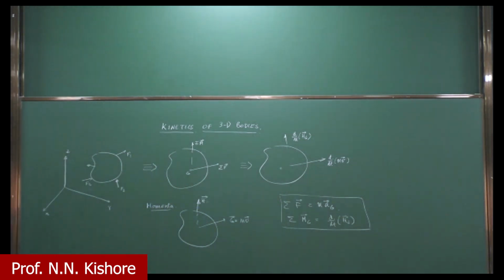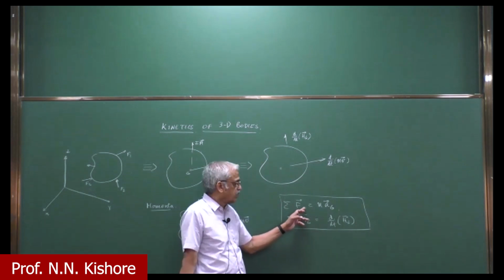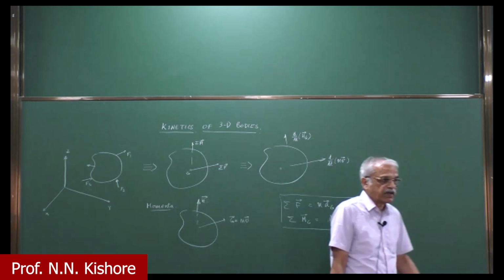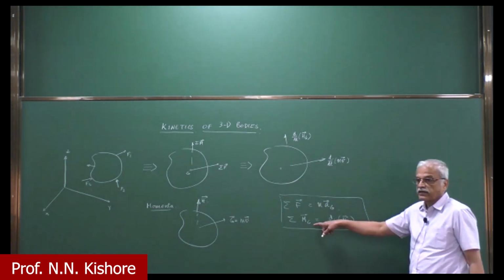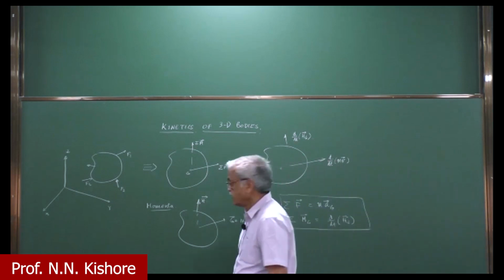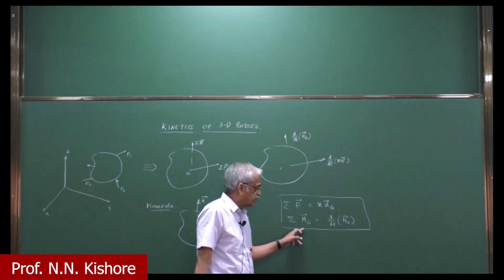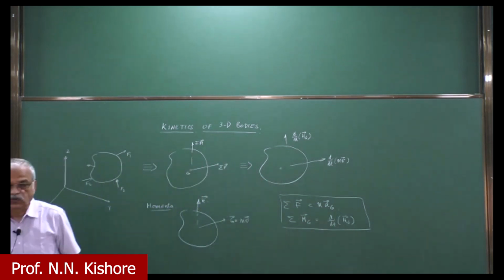The first equation is very simple. The summation of all the forces will create a motion for the center of mass, and that is related by this one. So actually our problems are more with the rotational part. The sum of all the force moments about G is equal to the rate of change of angular momentum about G. So this is the one.